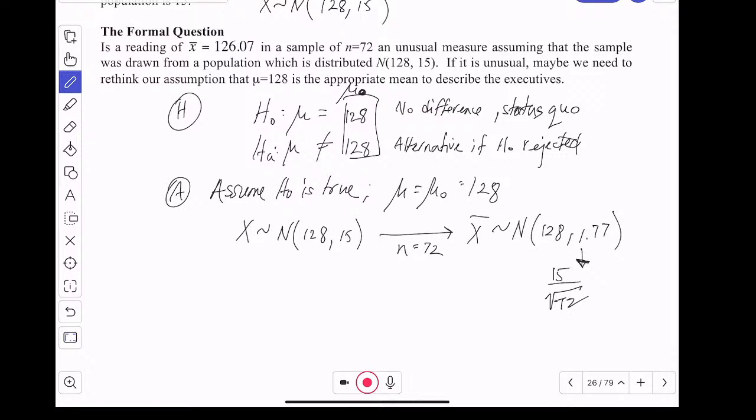So now we can calculate the z-stat. Oh, sorry, let me finish what I'm saying and then I'll go into the next step. So what we have is the result of our assumption and our theory in rule number 3 or formula number 3.